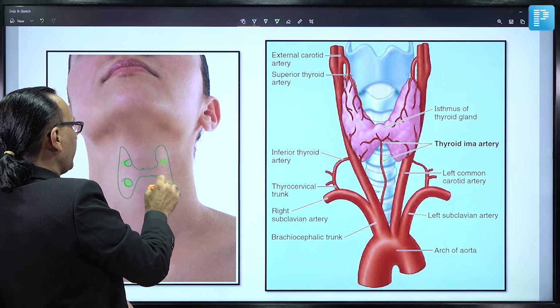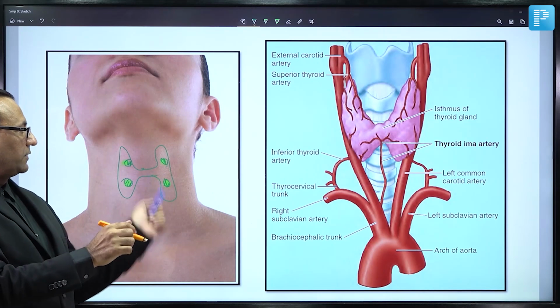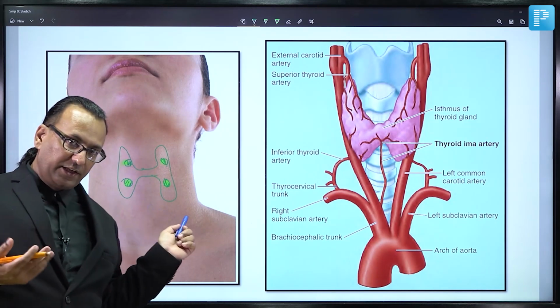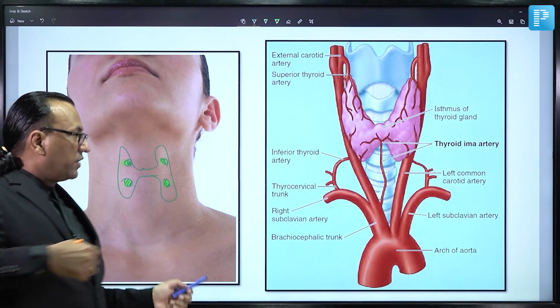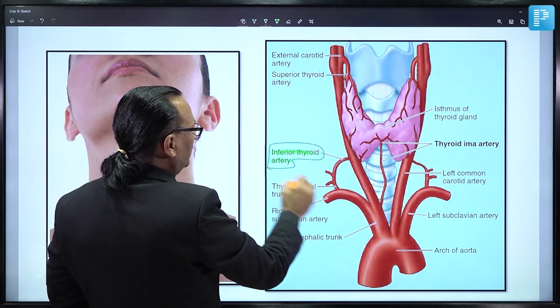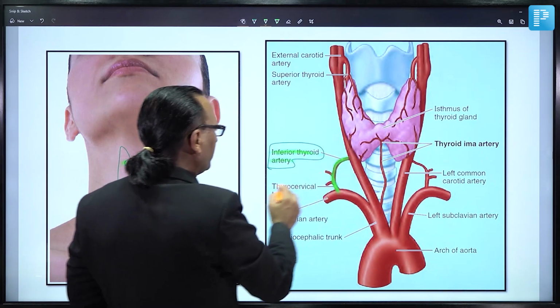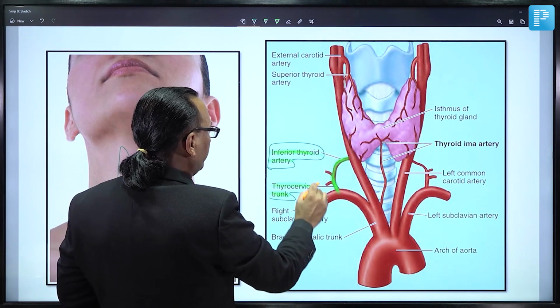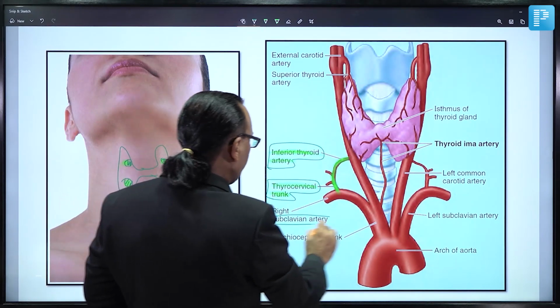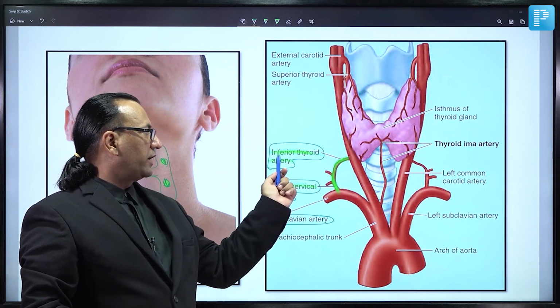But along with that, the inferior thyroid artery is also supplying the esophagus passing in the neck region towards the thorax region. This inferior thyroid artery is a branch of the first part of the subclavian artery, being given by the thyrocervical trunk. So, the first part of the subclavian artery is giving us the thyrocervical trunk, which itself is giving the inferior thyroid artery.